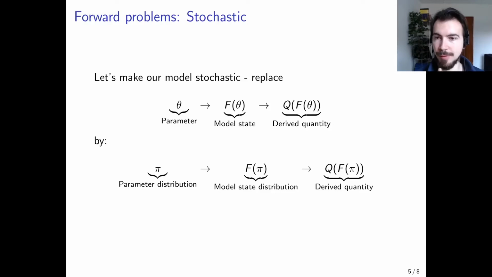Well, the idea is, first of all, rather than having just a deterministic model mapping from a single parameter to a single prediction, we replace our parameter by an entire parameter distribution, as in a statistical distribution. Now, of course, when you apply the model, we do not only get a single prediction for our model state, but rather we get an entire distribution. And then typically you're interested in something which is derived from your distribution.